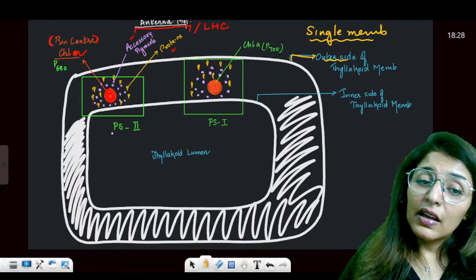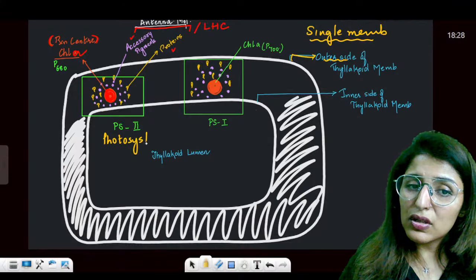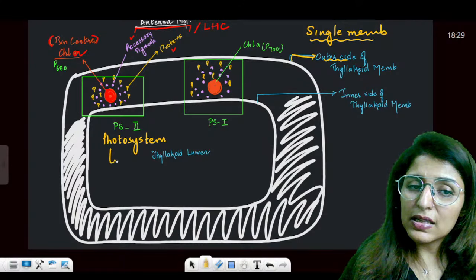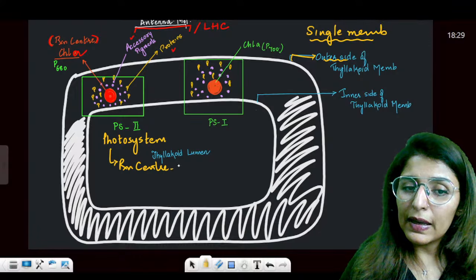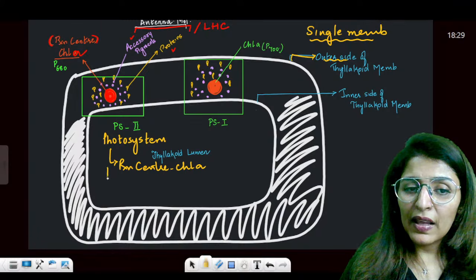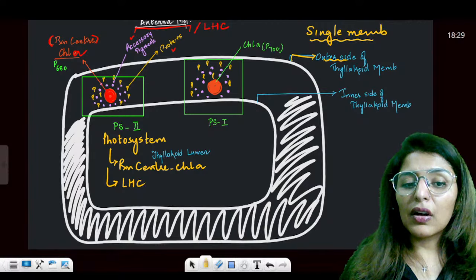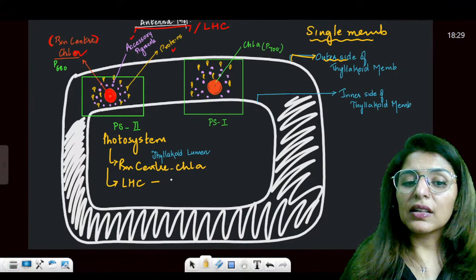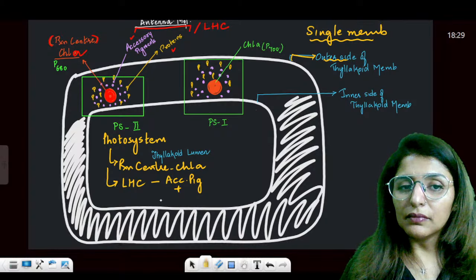So a photosystem has two things. One is the reaction center made up of a single molecule of chlorophyll A, and then there is the light harvesting complex or antenna molecules. And what is this made up of? Accessory pigments plus proteins.